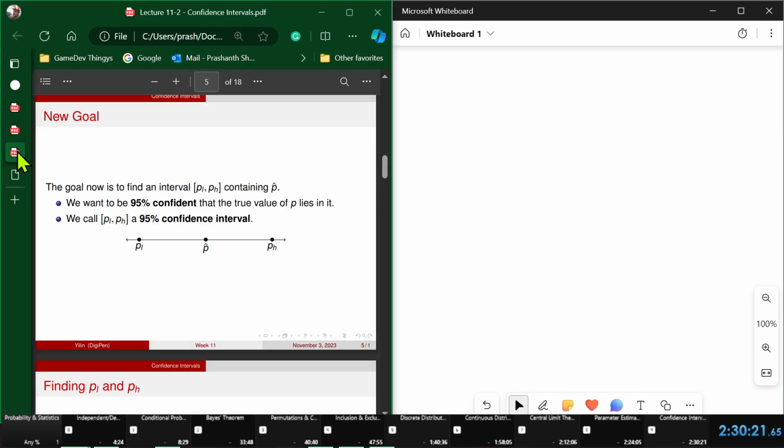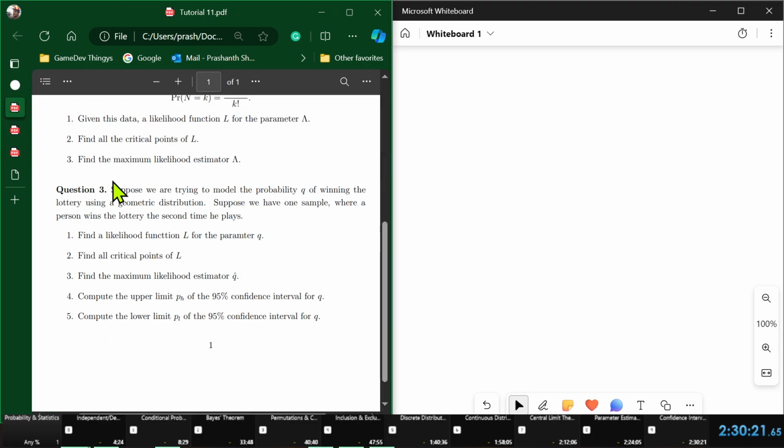So for the tutorial we have the following. We have x, which is some geometrically distributed variable with the probability q. Then it says we have one sample, so we have one observation that this random person won the lottery the second time that they played.